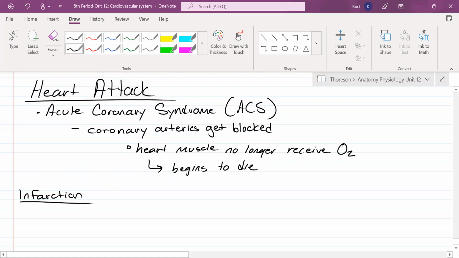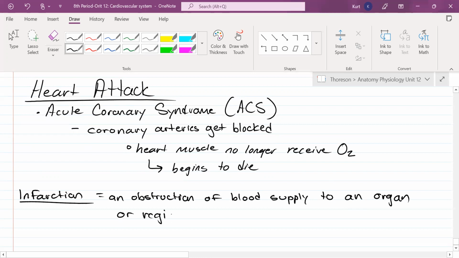An infarction is going to be an obstruction of blood supply to an organ or region of tissue. It causes death in that tissue.